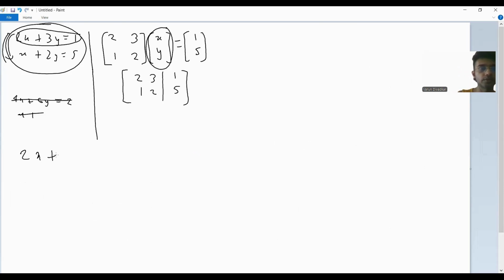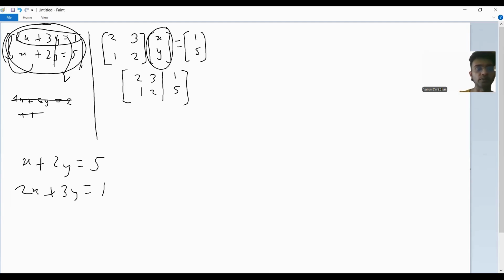Let's say x plus 2y equals 5 and 2x plus 3y equals 1. So we have taken the second equation to the top and brought the first equation to the bottom. That's the only thing we have done.